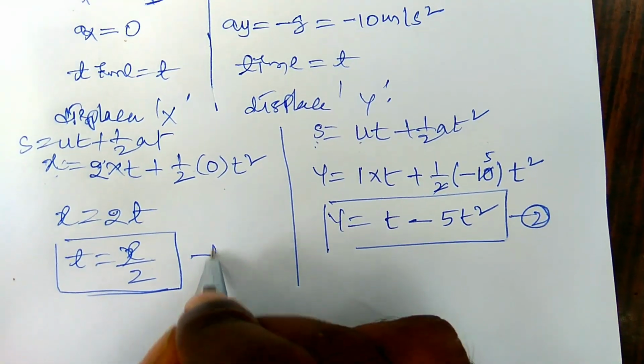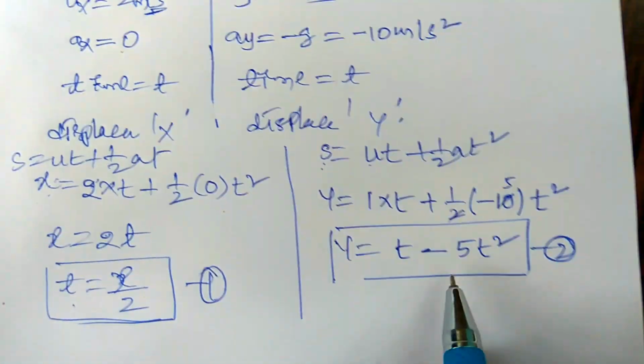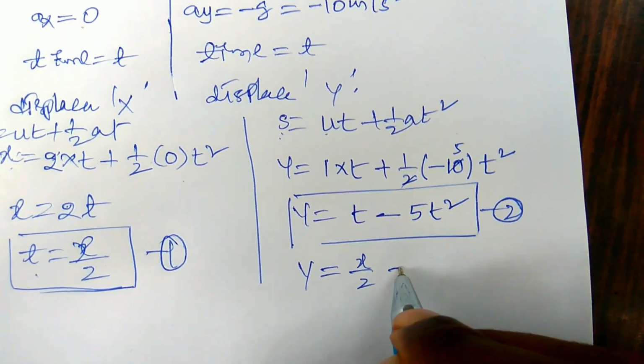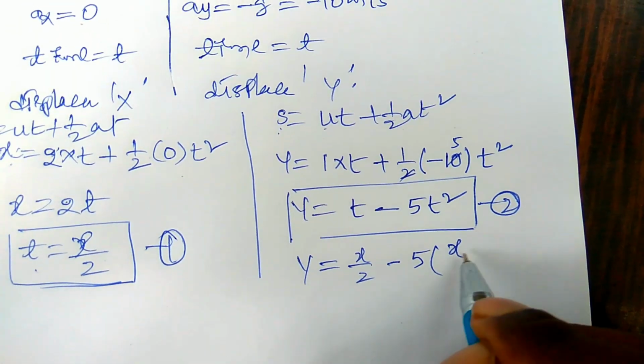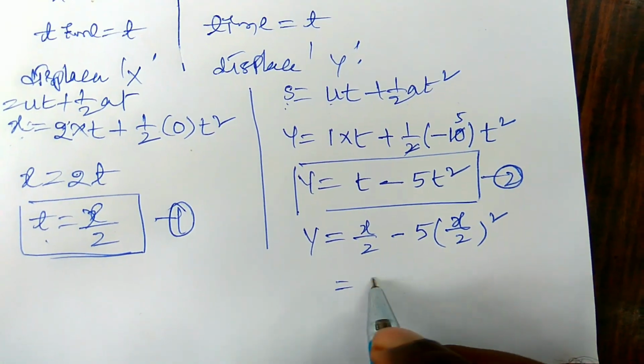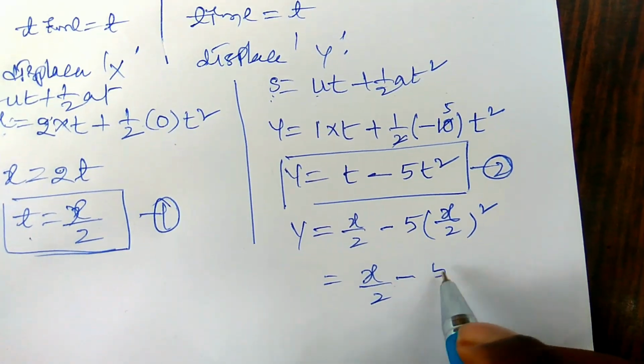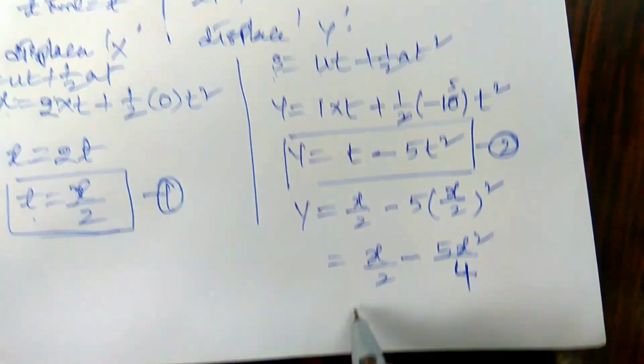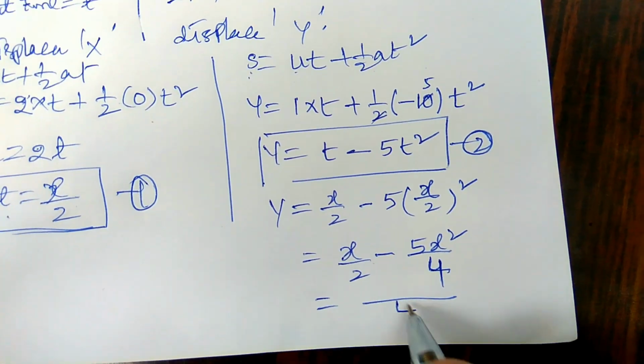This is equation 1, whereas t will be x by 2. So we just have to substitute in this equation. It is x by 2 minus 5 into x by 2 whole square, which is equal to x by 2 minus 5x square by 4. So here the LCM is 4.